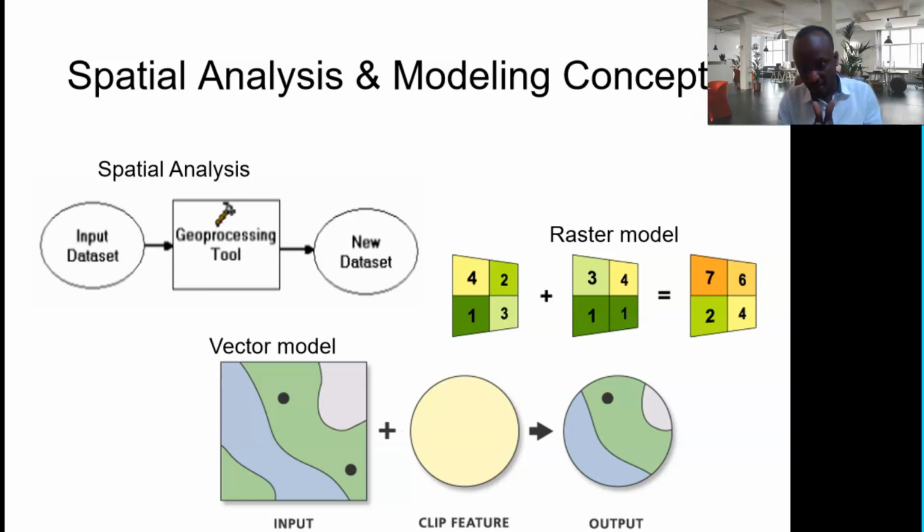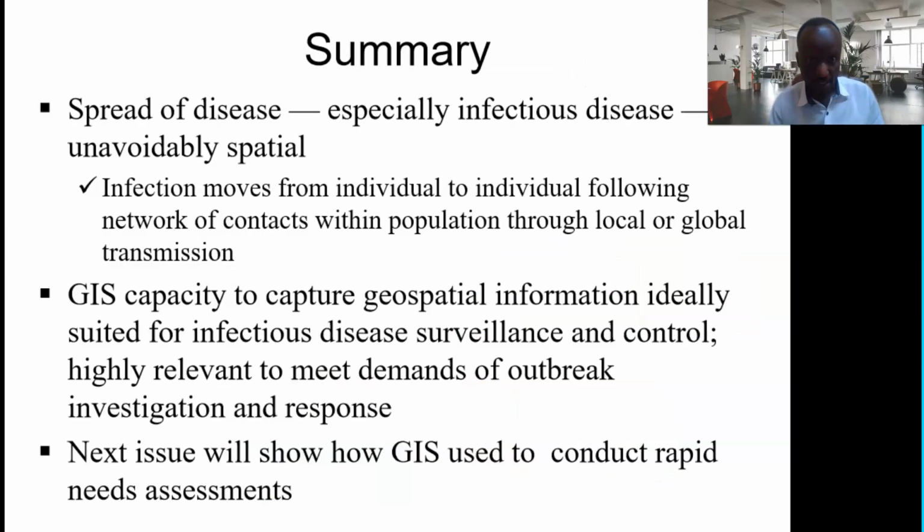If we merge these two layers, we get a layer which looks like 7624. Here also we have one input, and then we use clip features to produce an output, which looks like this, from vector models.